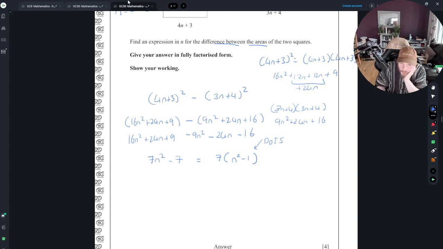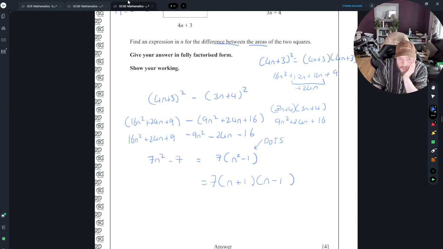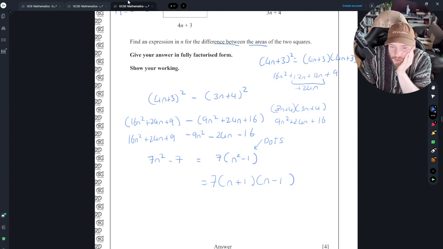So it'll actually be equal to 7 times n plus 1 and n minus 1. I don't know whether we need to simplify it as much as this. I think this should be acceptable.